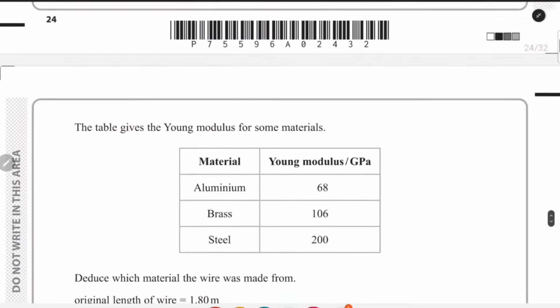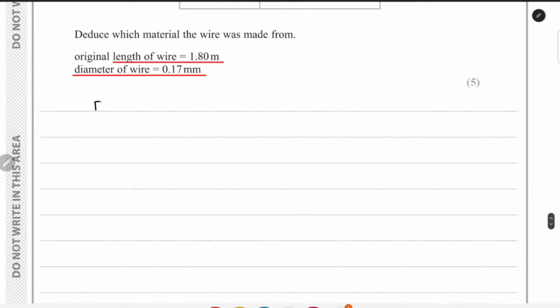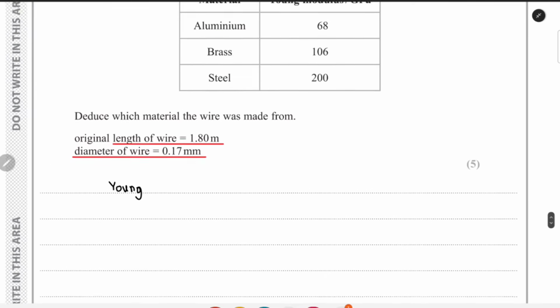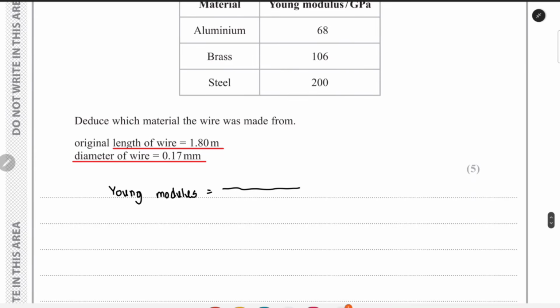Now we have to find the Young's modulus. The Young's modulus is equal to the stress divided by the strain. Stress is force per unit area and strain is extension per unit length.